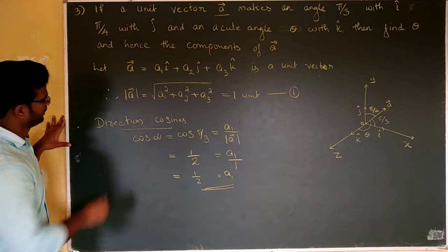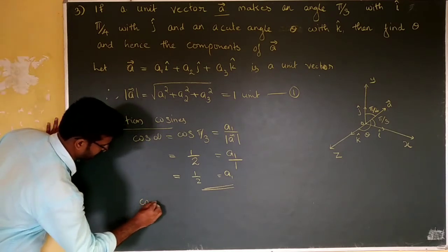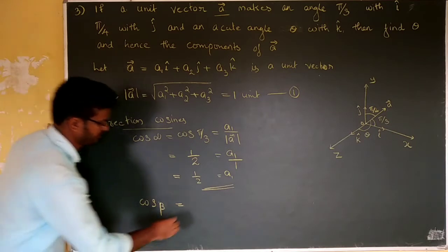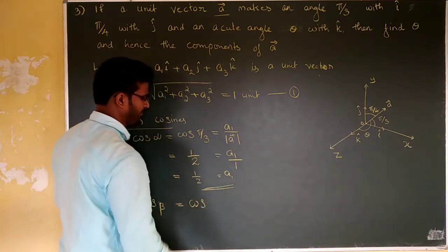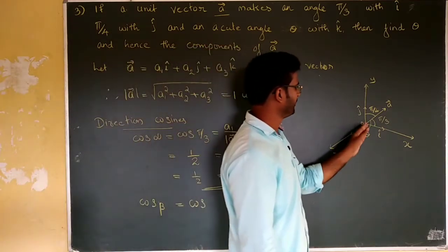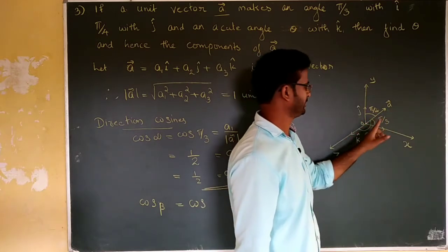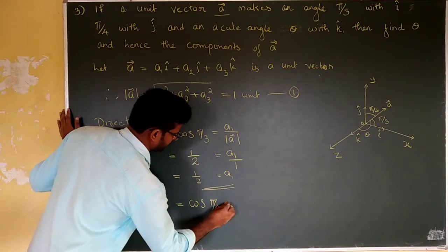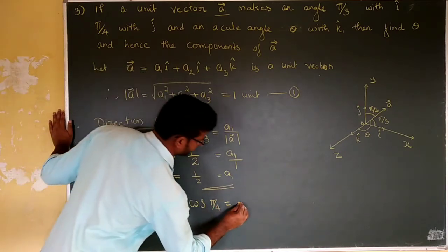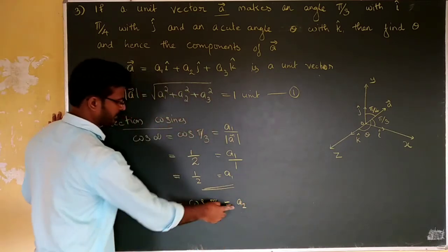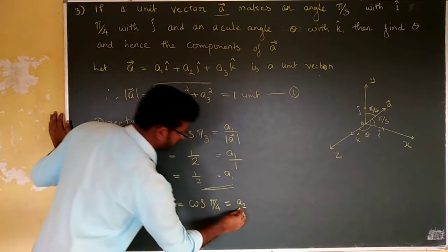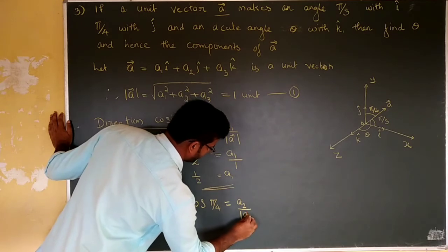Then the next direction cosine is cos beta, the angle between the y-axis and our vector, that is pi by 4, equal to a2, the scalar component of j vector, divided by magnitude of A vector.